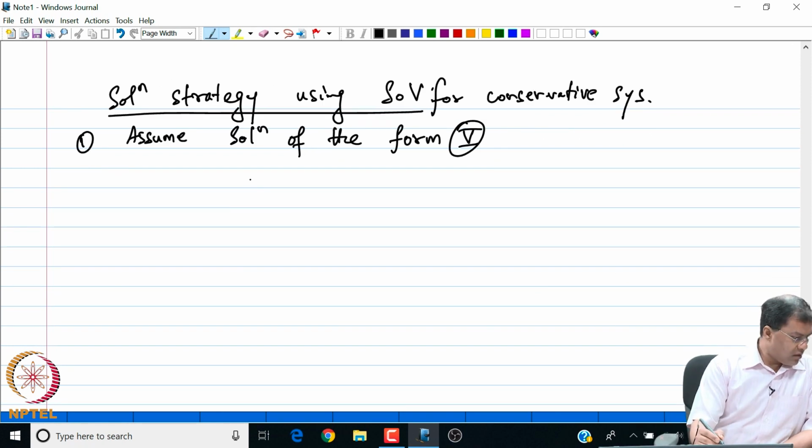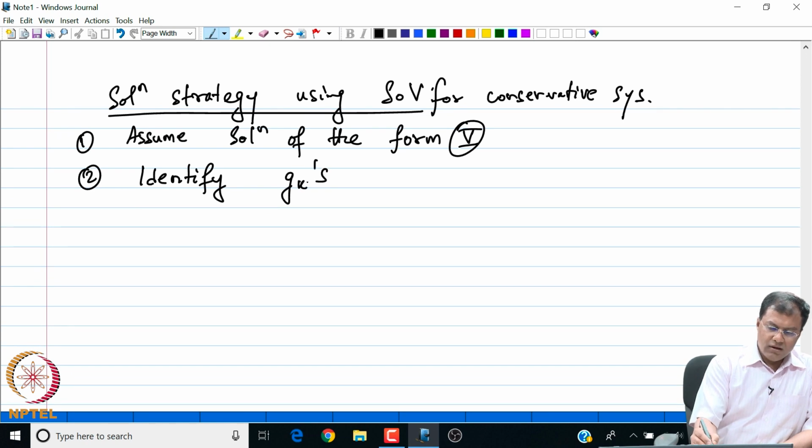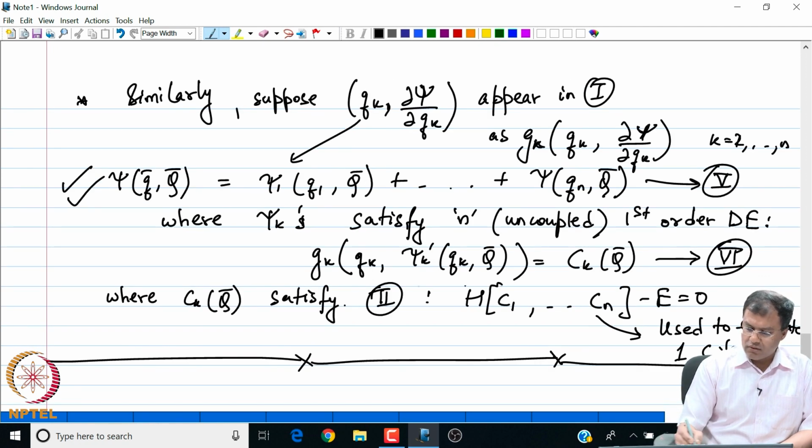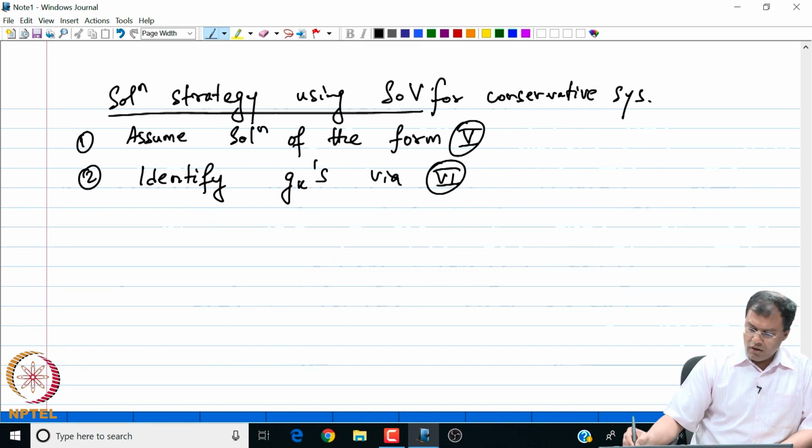So, assume solution of the form 5 and then identify the G case, the functional dependence of Qi's via 6, right. So, again going back. So, 6 is this quantity, this setup. Okay. So, going back now.